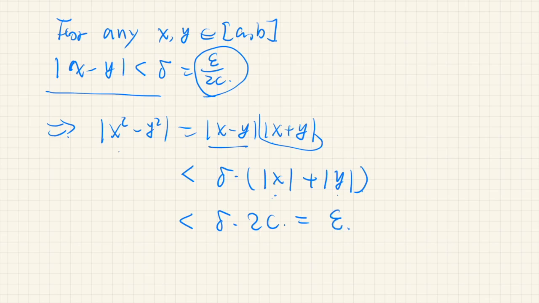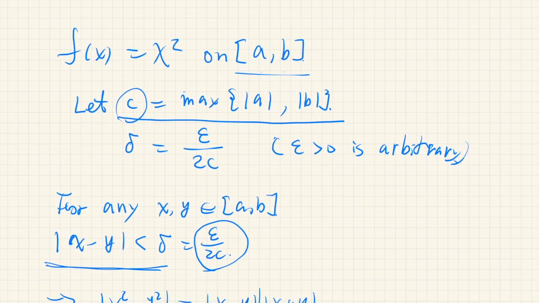So that means if this is true, then the difference between x squared and y squared is less than epsilon, whatever the value of epsilon is, as long as it's positive. So that means this function, x squared defined on a closed interval between a and b, is uniformly continuous.